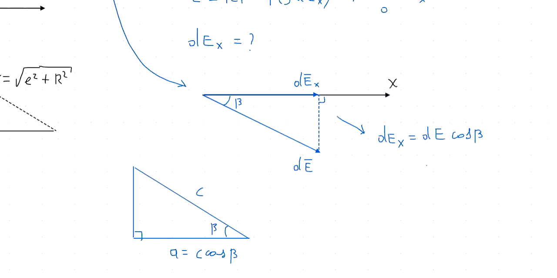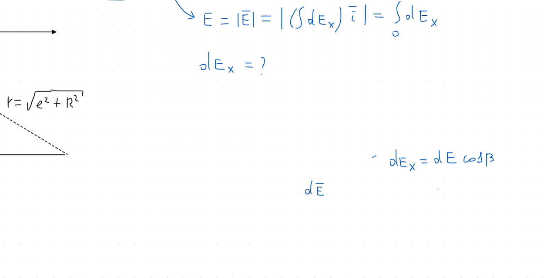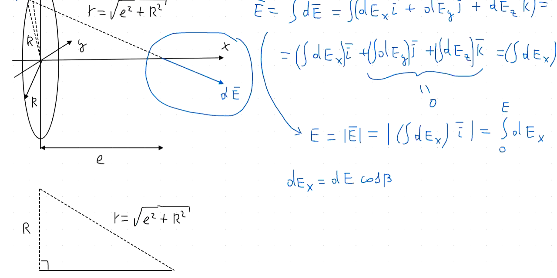Okay, if there are no questions, I will remove unnecessary pictures. We don't need them anymore. So the dEx projection is equal to dE multiplied by cosine beta.